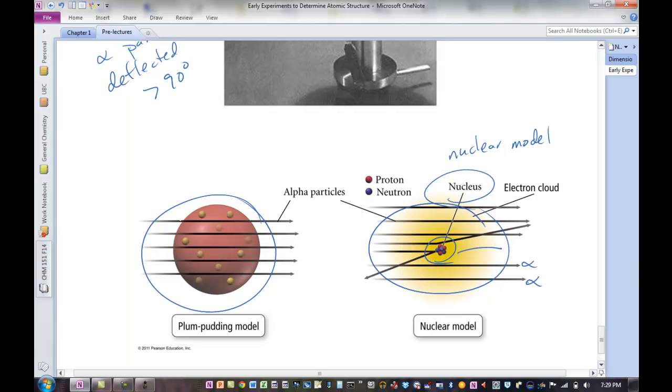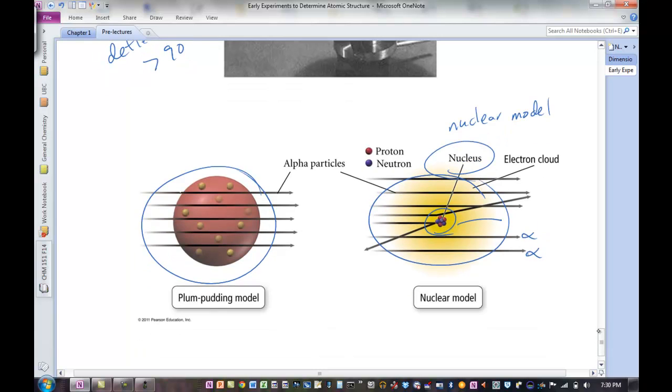A football field is 100 yards. The nucleus would fit inside a sports stadium, and the electrons would be in a region of space that would take up the entire Earth. Wrap your minds around that. I just think that's pretty amazing. The nucleus is really, really tiny compared to the volume that's occupied by the electrons.